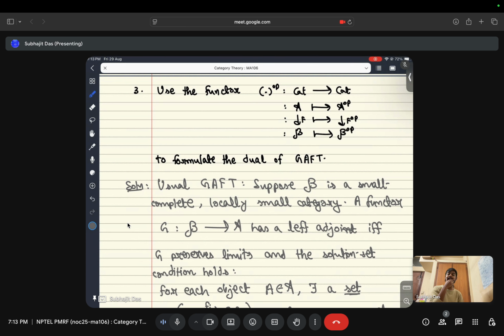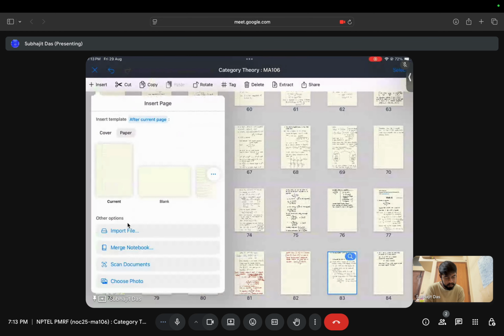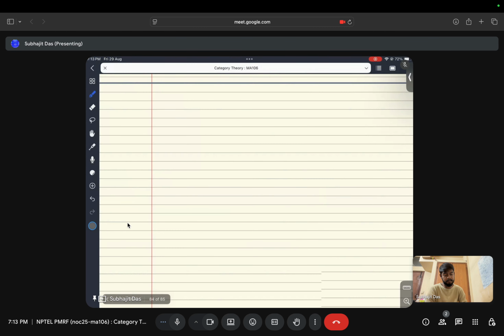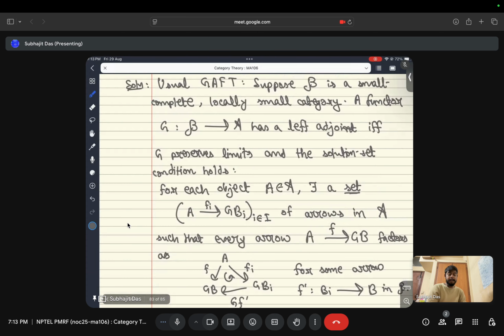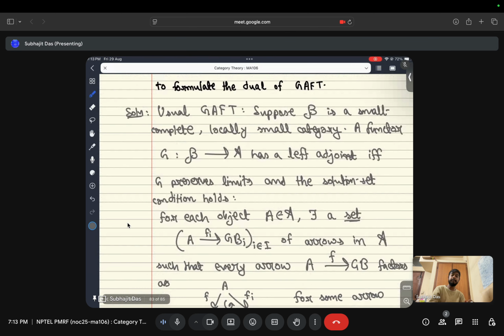The idea would be to write the usual GAFT in the dual language, by dualizing every statement in this entire GAFT, and then seeing what happens for the original category. I'll tell you what exactly I'm saying.